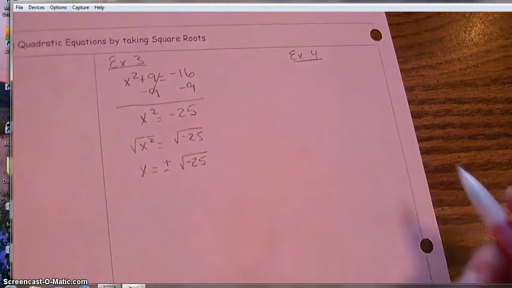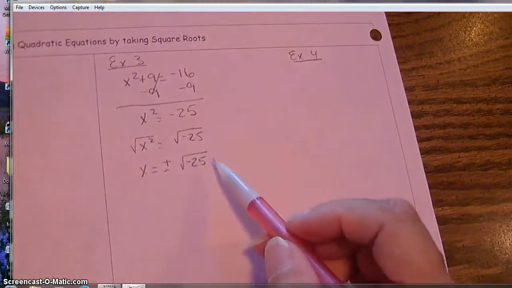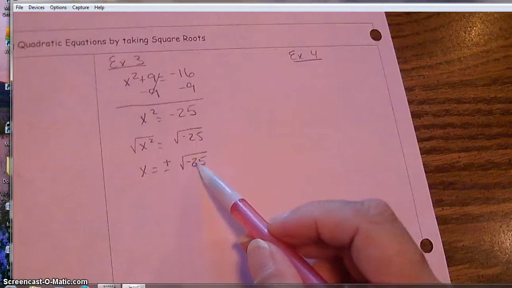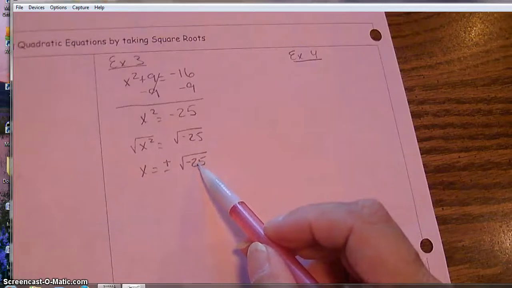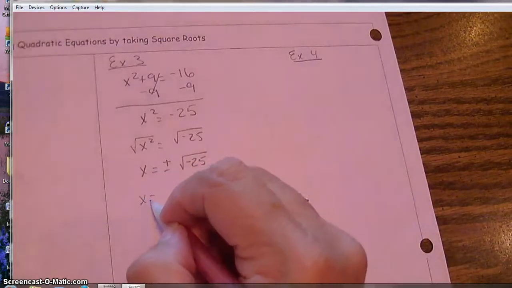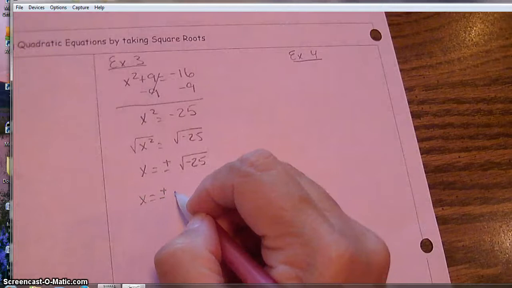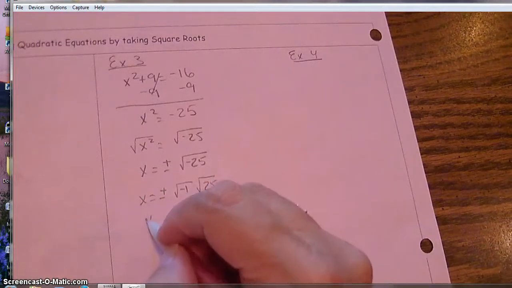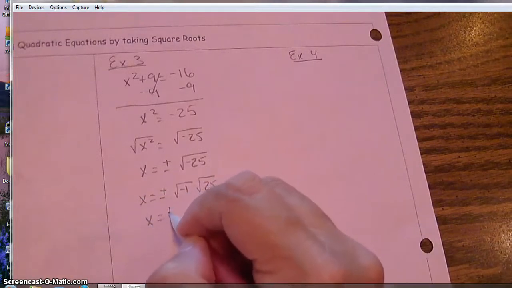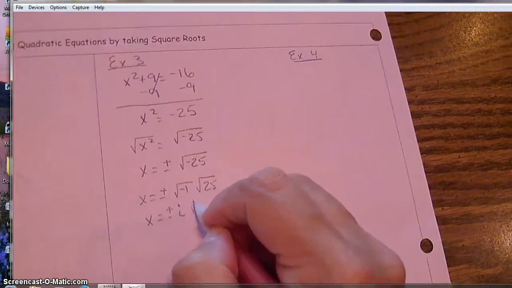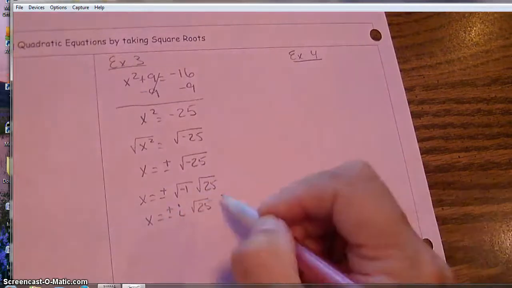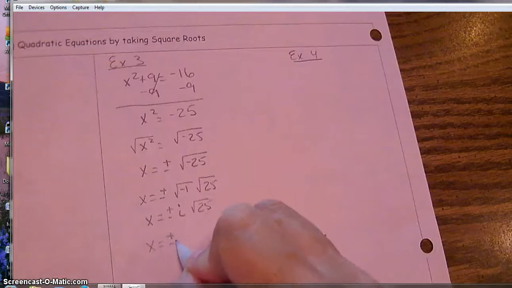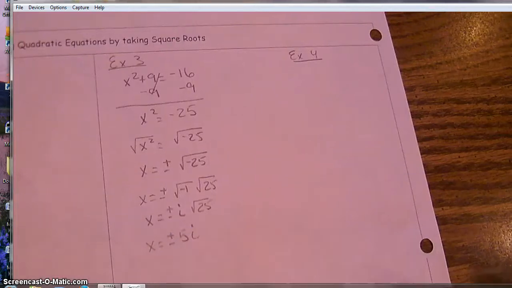Now if we remember from our simplifying radicals portion of this unit, we cannot have this negative 25 in the radical. So we need to break that down into the imaginary unit: square root of negative 1 times 25, and then replace the square root of negative 1 with the imaginary unit i. The square root of 25 is 5, so this becomes x equals plus or minus 5i.